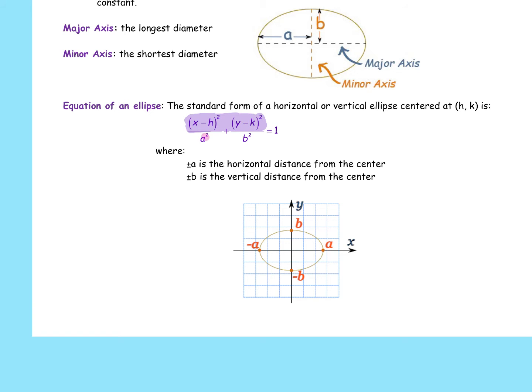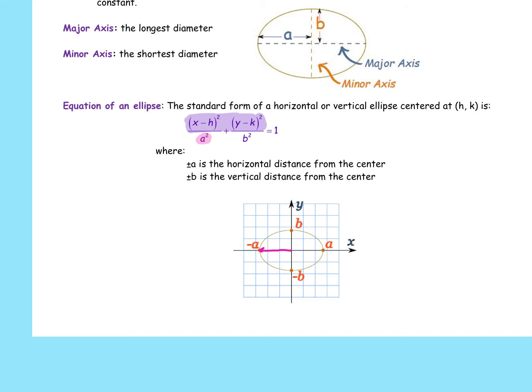And then how I find a squared is I go from the center of my ellipse and I count how many, horizontally, right? A is my x. You can see A is underneath the x. So I just count how many spaces from the center of my ellipse to the edge of my ellipse. And then I square it.